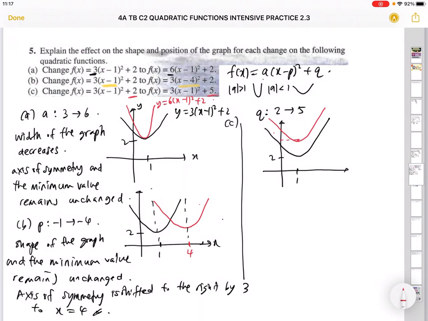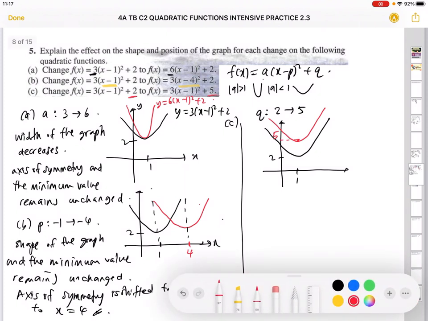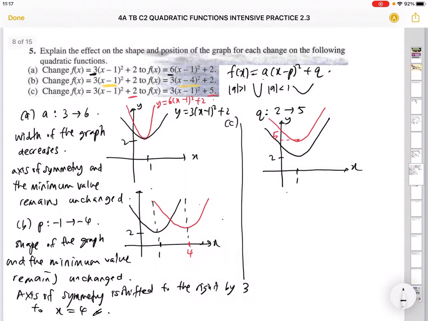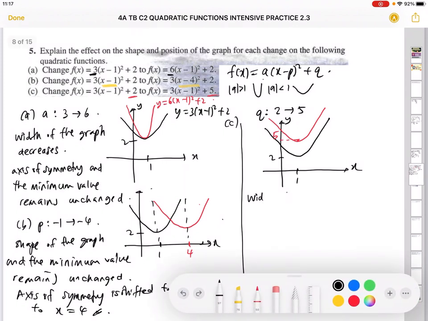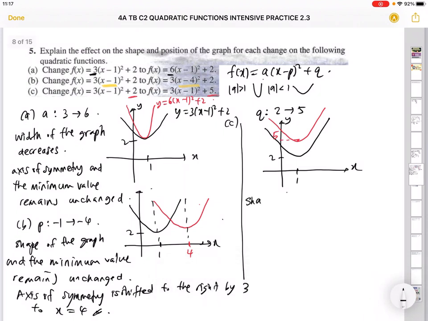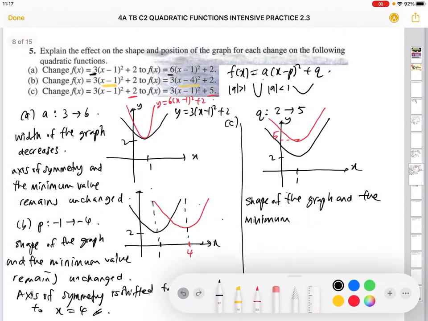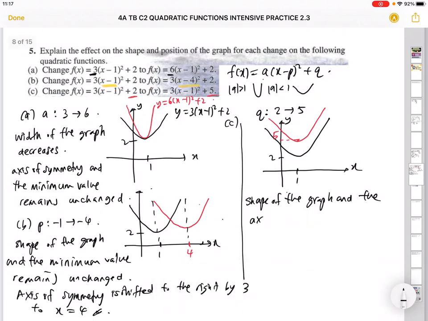All right, so we say the width and, okay, should I say the shape of the graph? The shape of the graph and the minimum value, sorry, not minimum value, axis of symmetry, axis of symmetry remains unchanged, and however the minimum, should I say the graph is shifted up?